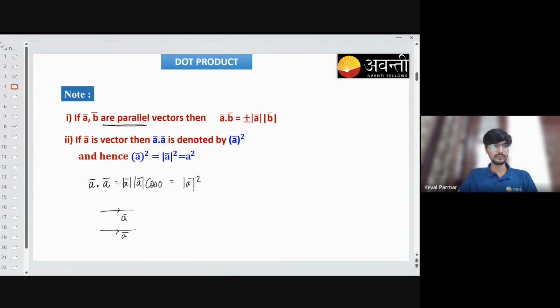Many a times in notations they tend to write only a square instead of mod a square. So that means the same thing. So when we take a dot product of vector with itself, we get a square. Correct?